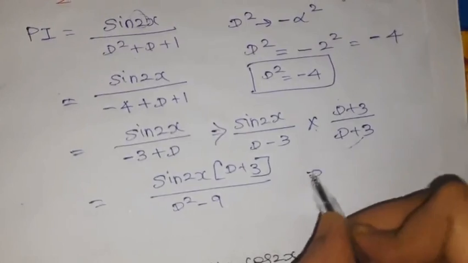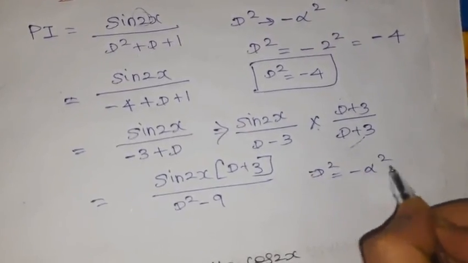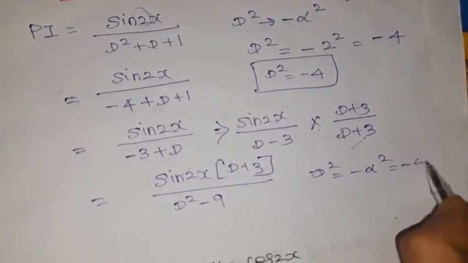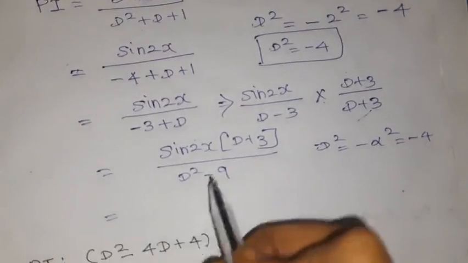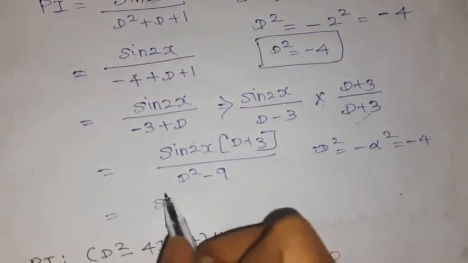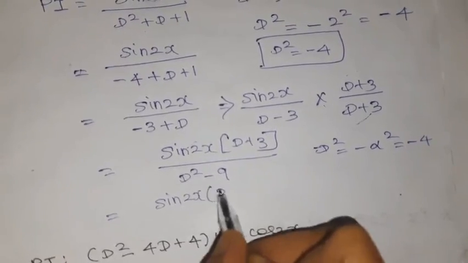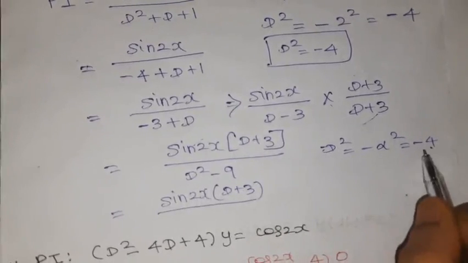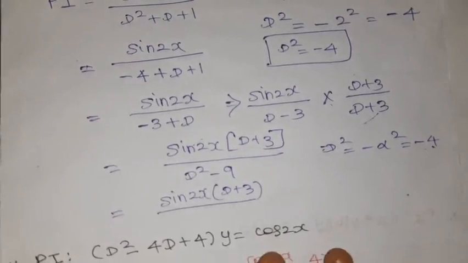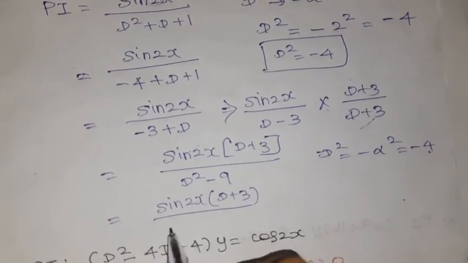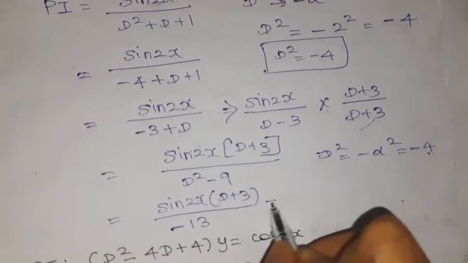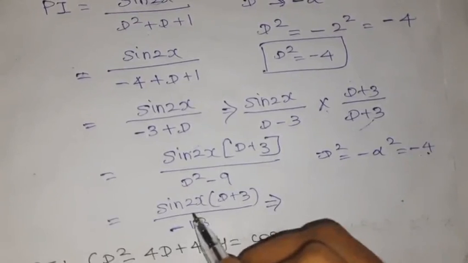So, d squared equal to minus alpha squared, what is that? 2 squared is 4, so minus 4. So, sin 2x into d plus 3 divided by minus 4 minus 9, we will get minus 13, right? So, let it be.